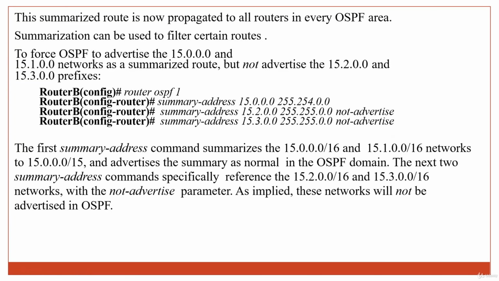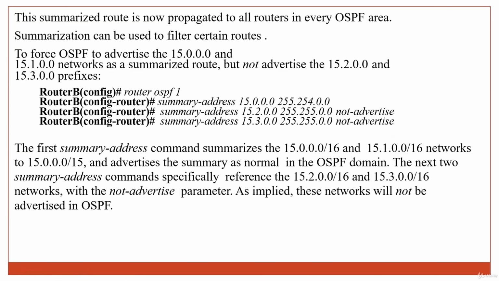Now the third concept is the totally stubby area. A totally stubby area will accept only type 1 and type 2. It will not accept type 3, type 4, and type 5 LSAs, although it will generate the default route to stand in for type 3, 4, and 5 LSAs. Again, the use case is that we are saving bandwidth and CPU process cycles.